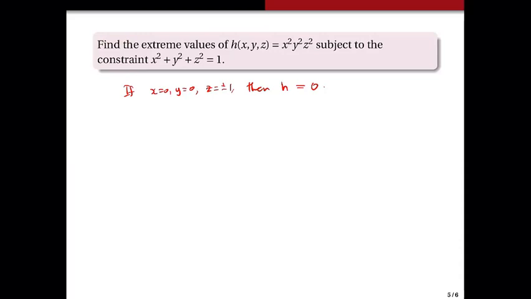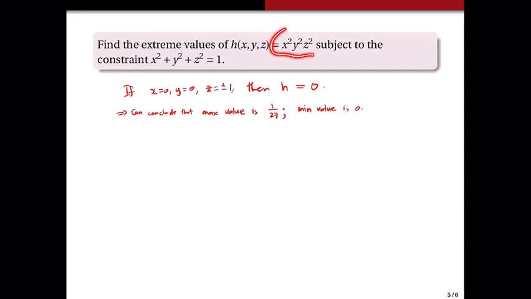So from here, we can conclude that the max value is 1 over 27. The min value is actually 0.